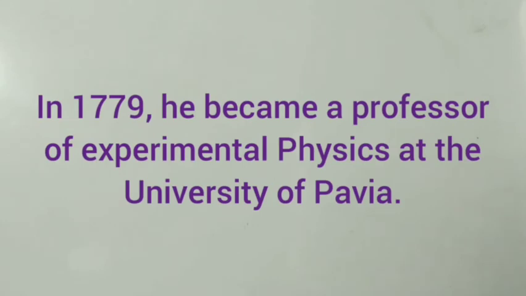In 1779, he became a professor of experimental physics at the University of Pavia. If you are asked in which university he became the professor of experimental physics, then you have to answer University of Pavia.